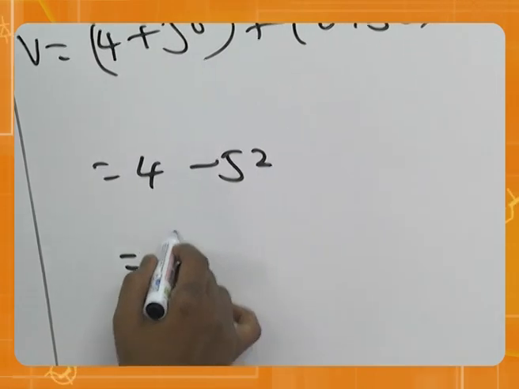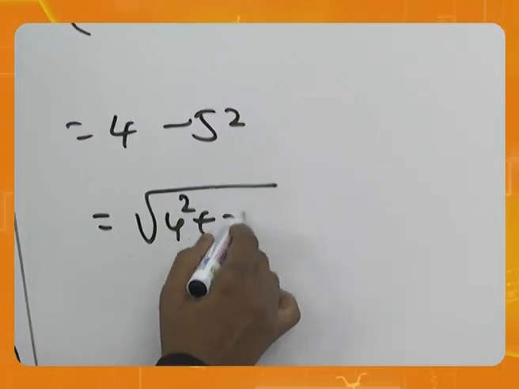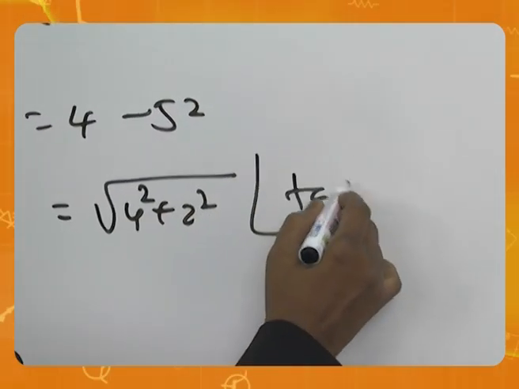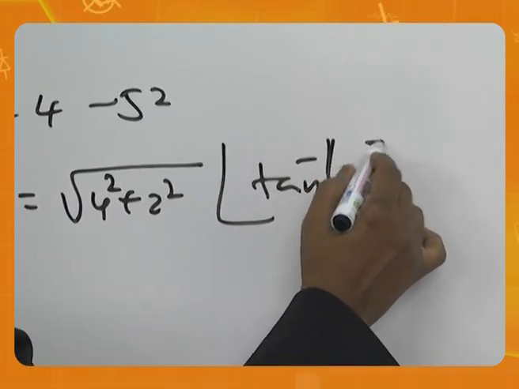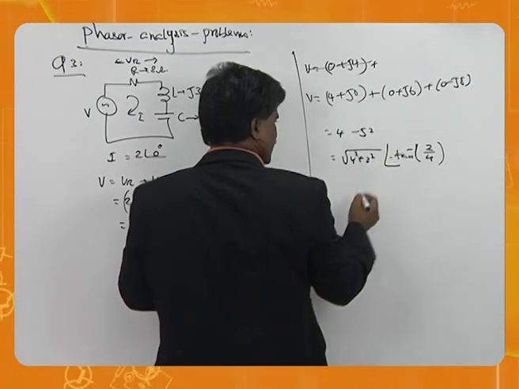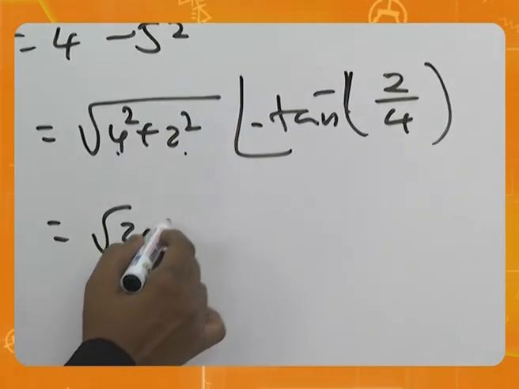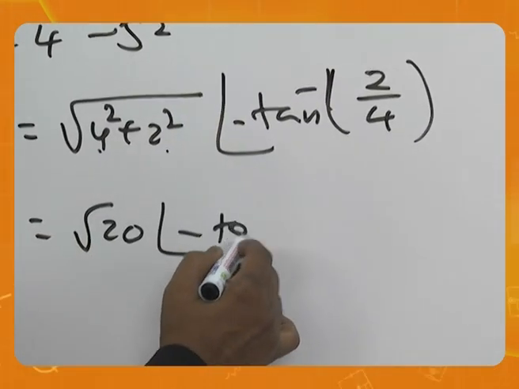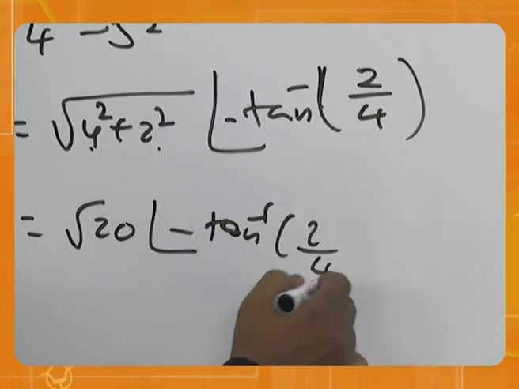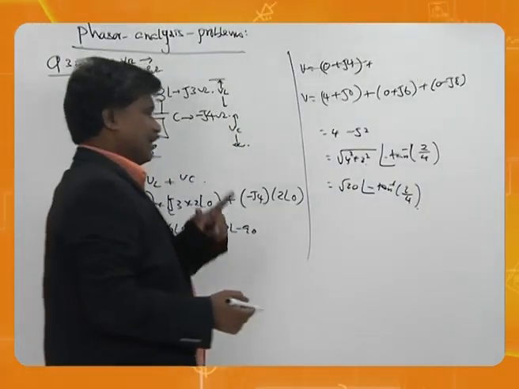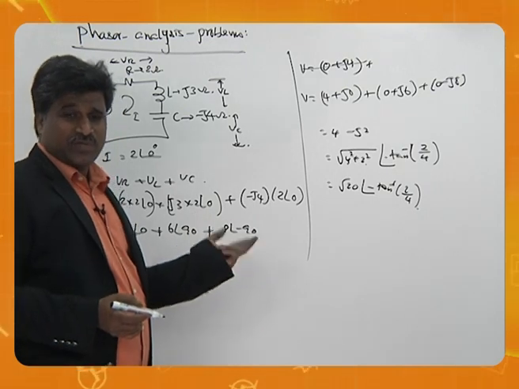So if you take the magnitude, 4 square plus 2 square, 16 plus 4 is 20, angle minus tan inverse of 2 by 4. Now shall we leave this angle like this or should we change it?